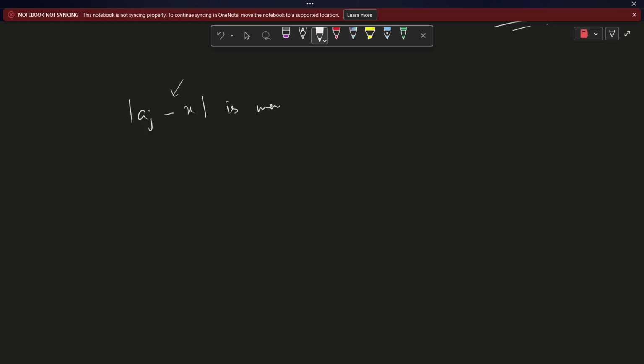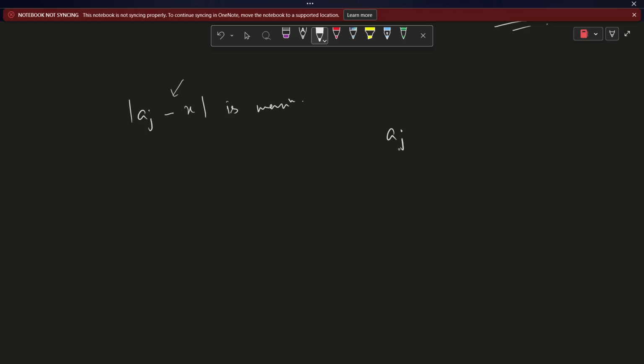For any value aj, with what number is its absolute difference going to be maximum?